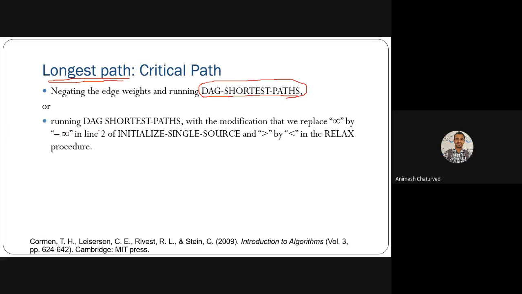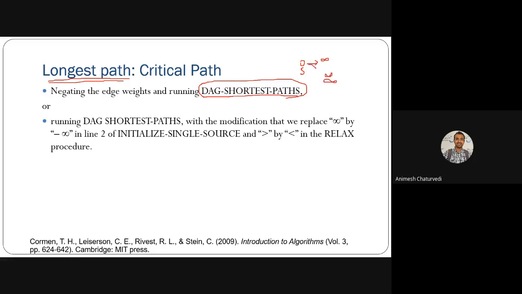Then you have the directed acyclic shortest path algorithm, which you can run in another way. Initially, in the normal algorithm, you start with the source node at zero distance and all the other nodes at infinite distance.